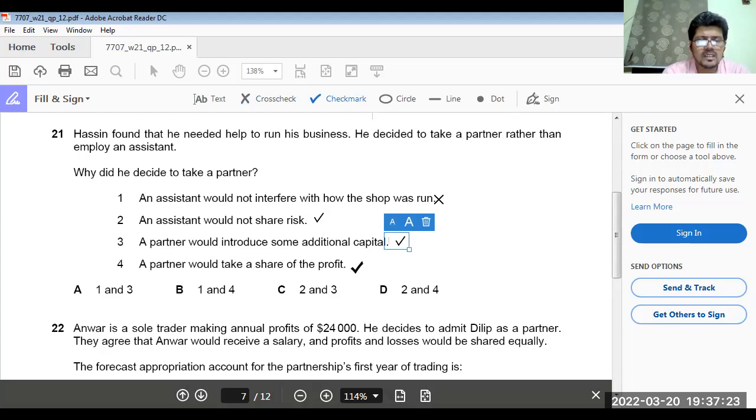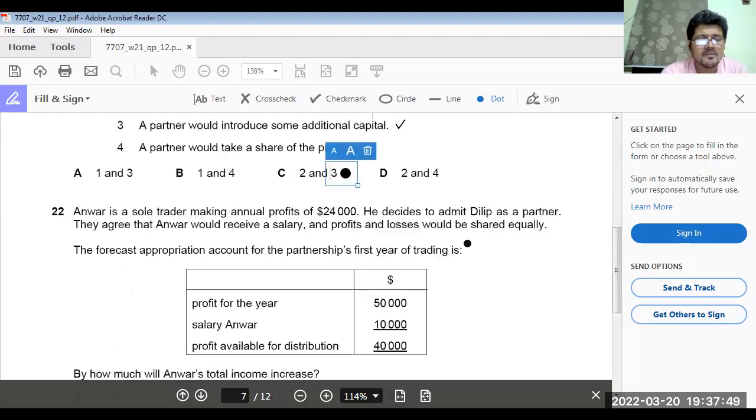So I think this is a disadvantage of partner. 2 and 3. So the correct answer is C. Because 1 is advantage of assistant and the fourth statement is a disadvantage of partnership. But when we are giving preference, we have to look for the advantages of partner and disadvantages of assistant. Okay. Now 23.